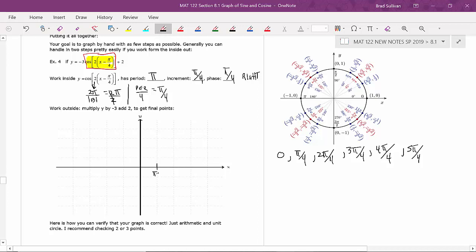We have pi over 4, pi over 2, 3 pi over 4, pi, and then I'm going to take it out one more because of the phase shift, 5 pi over 4, like that. Okay, I'm only going to do one period on this. You can go backwards if you want to, but this one I'm just going to focus on doing one period and getting that done.